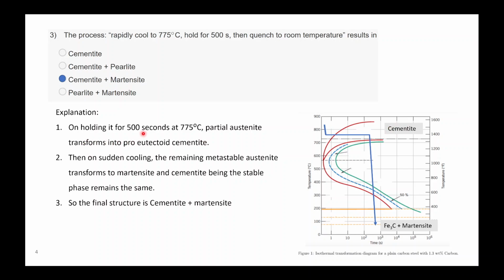On holding for 500 seconds at 775 degrees Celsius, part of the austenite transforms into proeutectoid cementite, and the remaining metastable austenite, on quenching, enters the Ms temperature and converts into martensite. Cementite, being the stable phase, remains the same. So your final structure is cementite plus martensite.